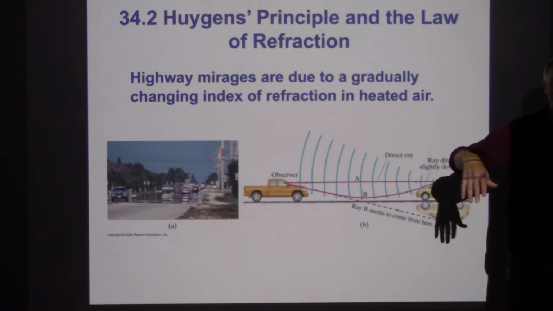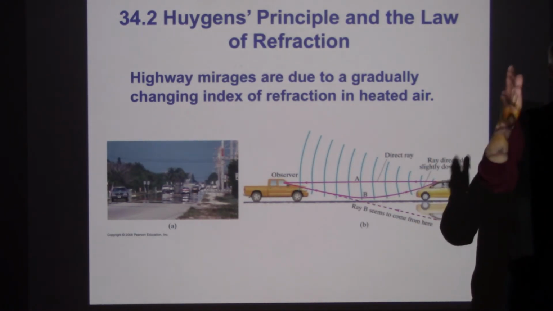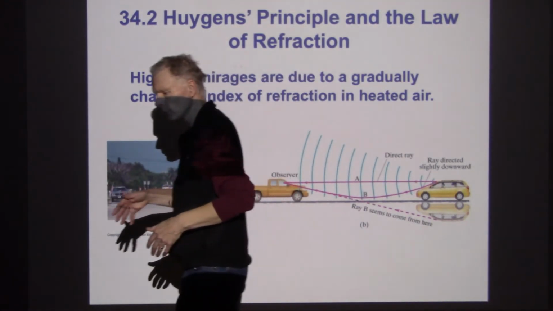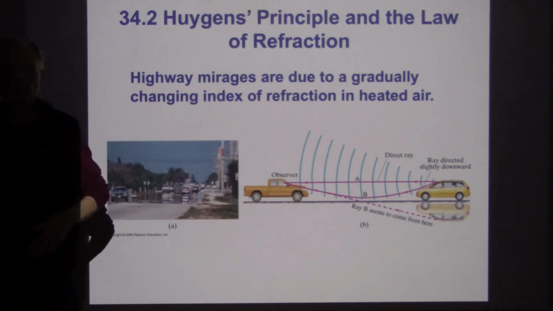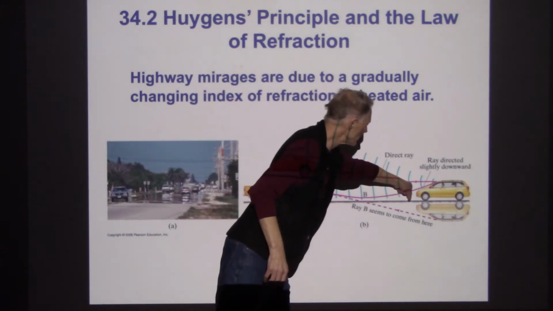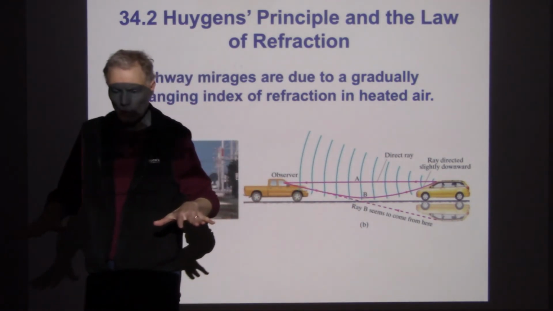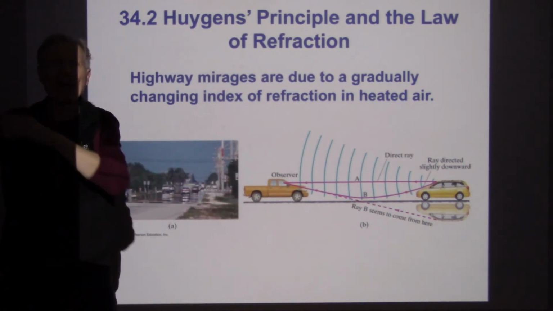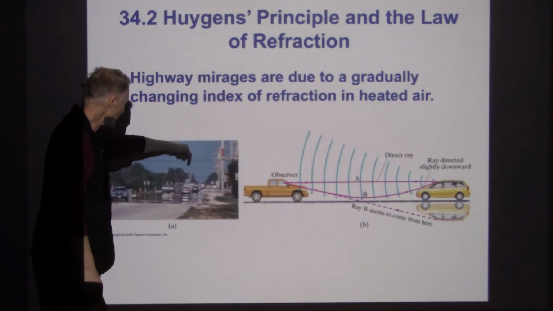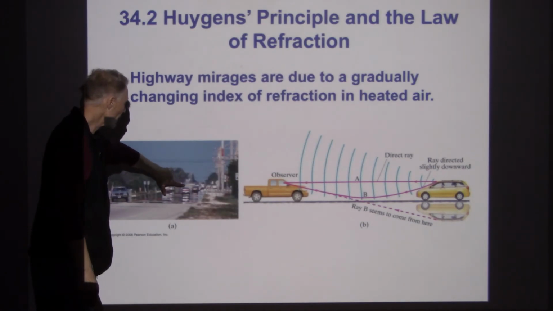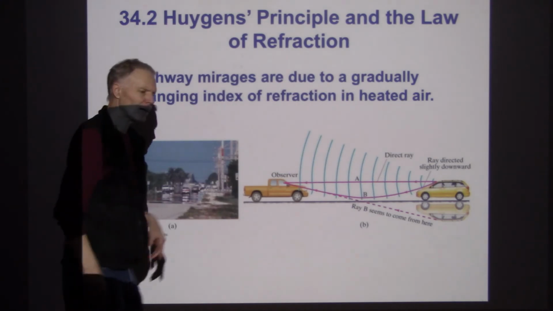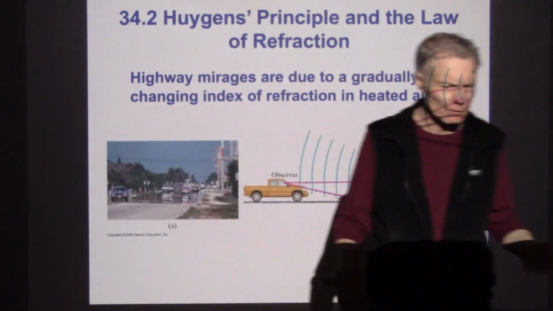So this refraction effect doesn't have to be a distinct boundary. It can be a gradual variation of the index of refraction in a material, and in this case, the index of refraction of the air near the surface is lower. And that bends the light away from the pavement. So the light you're seeing here is actually coming from up above. It's coming from the cars or even from the sky. And that's what gives it that shimmering effect.